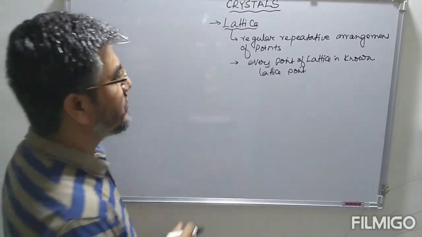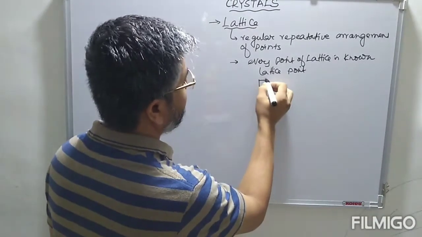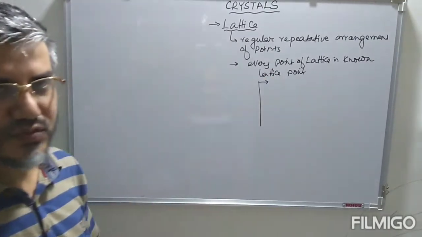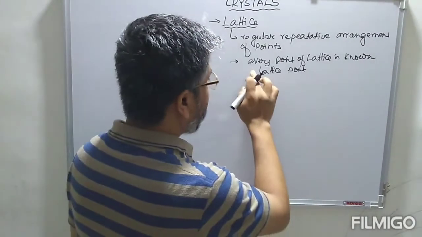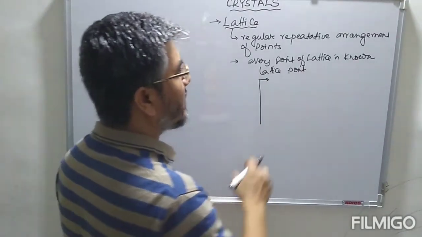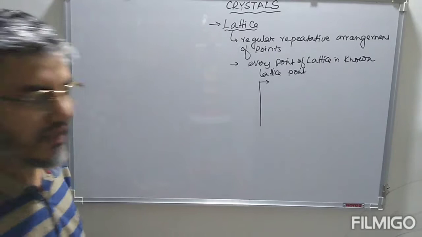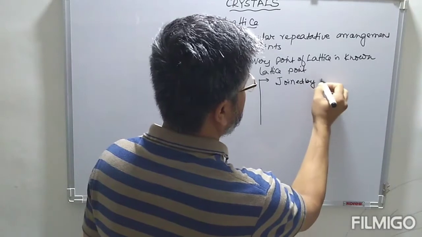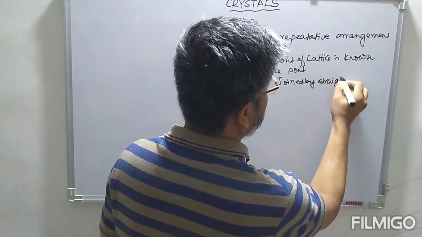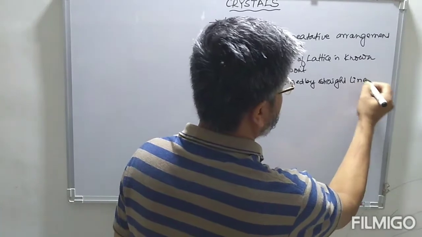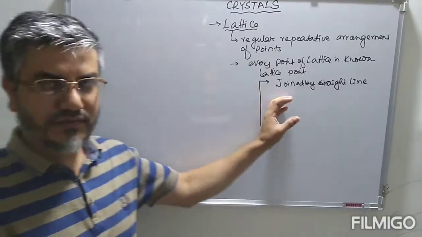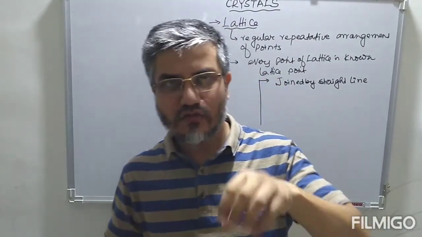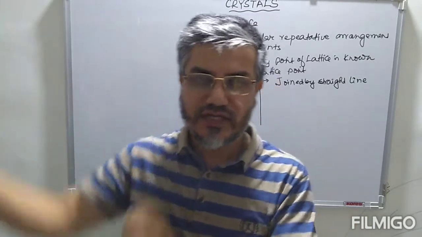Now these lattice points should have some features. There are some properties of these lattice points. These lattice points are always joined by straight lines. In a lattice, points are arranged in such a way that the surrounding of one point is exactly similar to the surrounding of any other point.